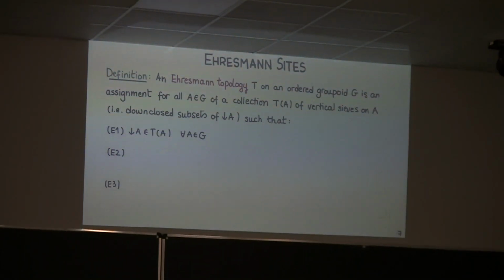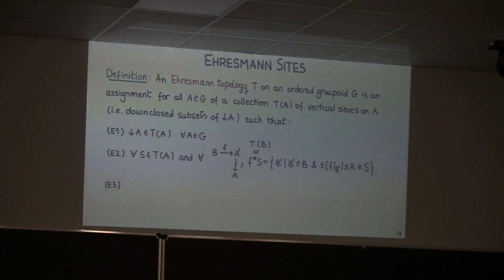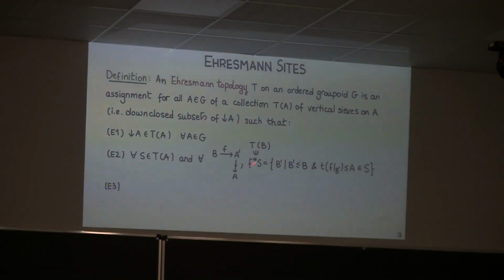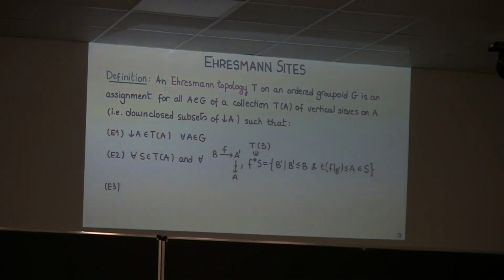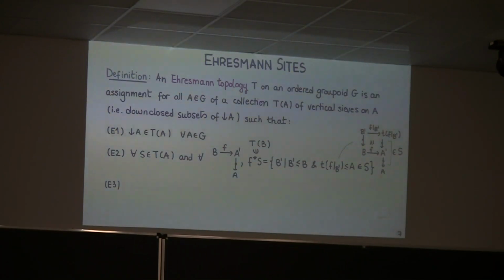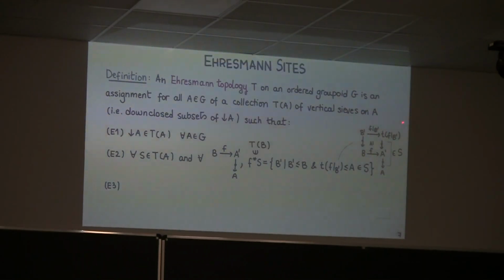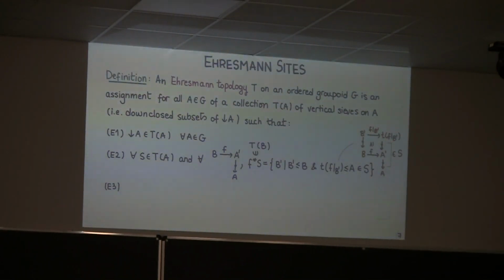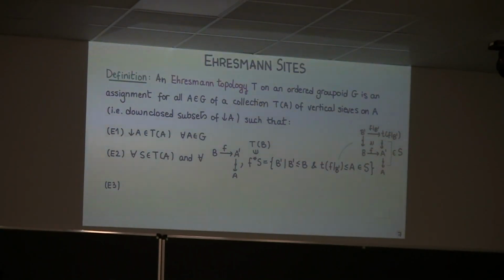So first, the whole down set should be covering, should be in my topology. Then we have the pullback property. So if I have something in my topology, I pull it back along here, then it should be in my topology. And the pullback is basically doing this. You take all the vertical arrows on top of B, such that when I take the restriction, the vertical composition on the right is in S. And now we have the local character.